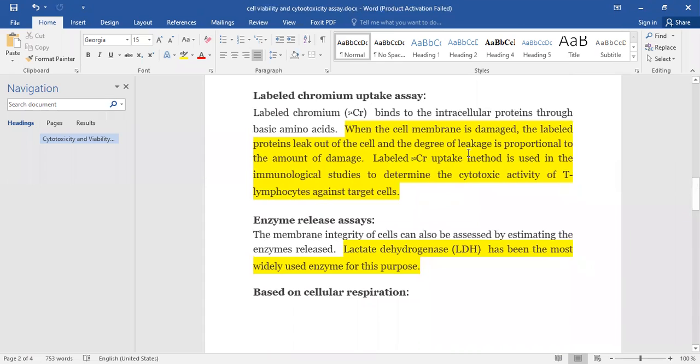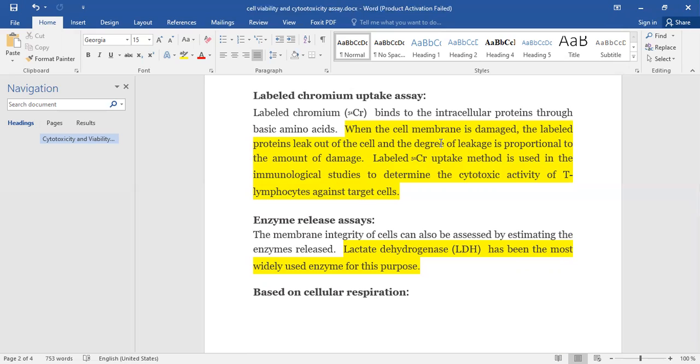Labeled chromium binds to intracellular proteins through amino acids. When the cell membrane is damaged, the labeled protein will leak out, and the degree of leakage is proportional to the amount of damage. This labeled chromium is used for immunological studies, and mostly for the binding of cellular parts.